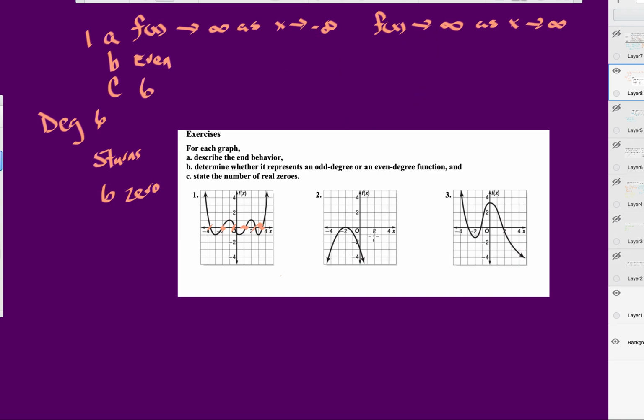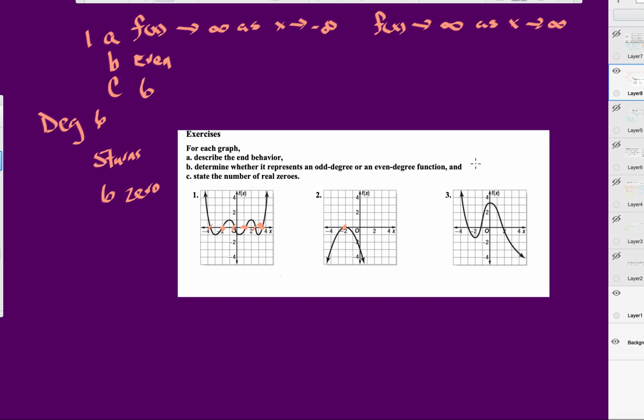F of x approaches negative infinity as x approaches infinity. And then it is also an even function because the ends point the same way, and it only has one real zero because it only touches the x-axis at one place.